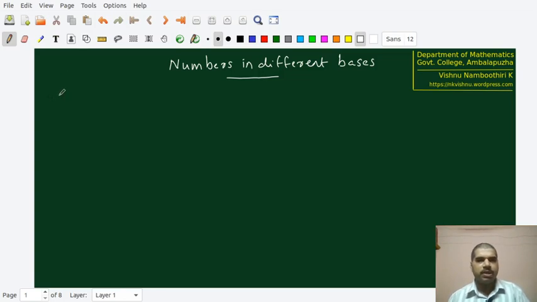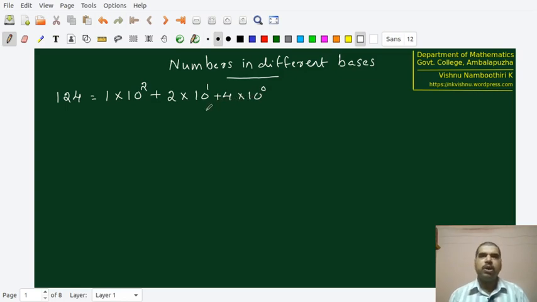Whenever we write a number in this form, suppose that we are writing the number 1, 2, 4, this basically means that 1 has a position value of 1 into 10 raised to 2, 2 has a position value of 2 into 10 raised to 1, and 4 has a position value of 4 into 10 raised to 0, which is essentially 1.